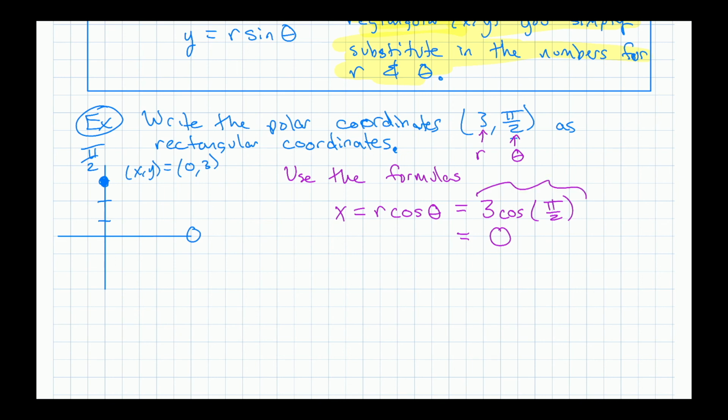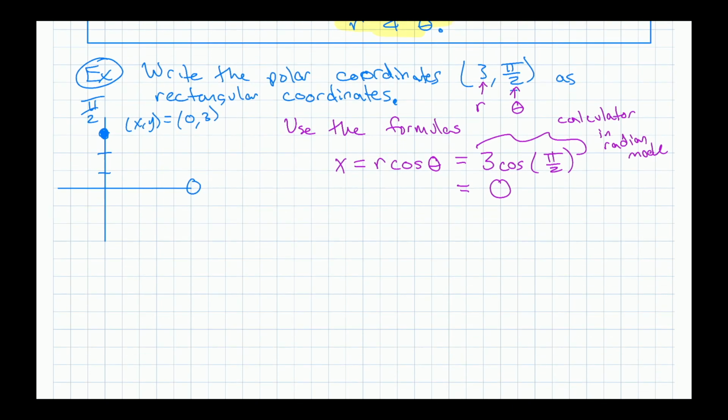So use a calculator, or Wolfram Alpha or something, in radian mode. All right, so we have 0. And then for your y value, same thing. y is r sine theta, which is going to be 3 sine of pi over 2. Again, you punch that into a calculator.